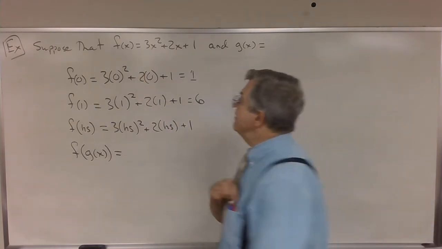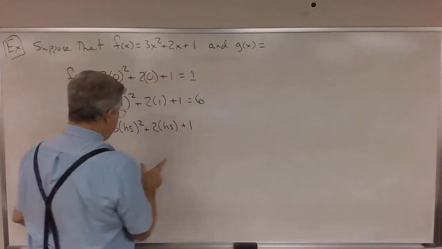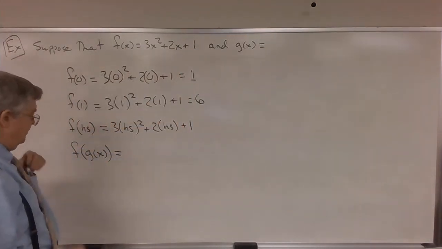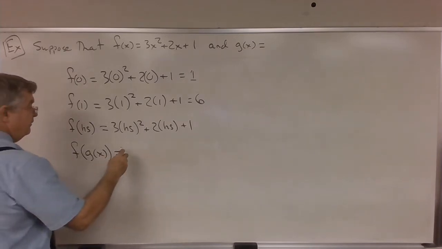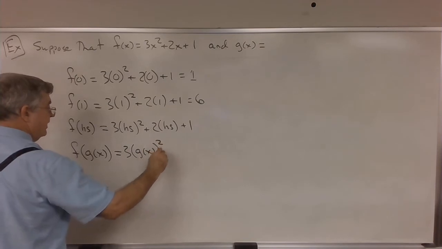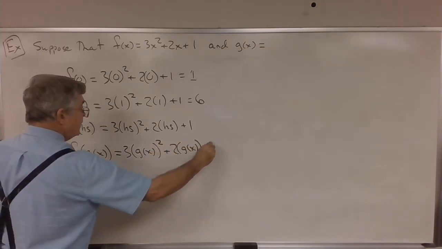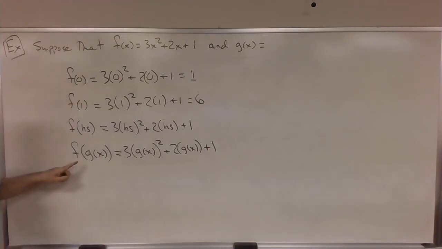So every place up here in our model that I see an x, I'm going to put a g of x down here. So I have 3 g of x squared plus 2 g of x plus 1. That's what f evaluated at g of x is.